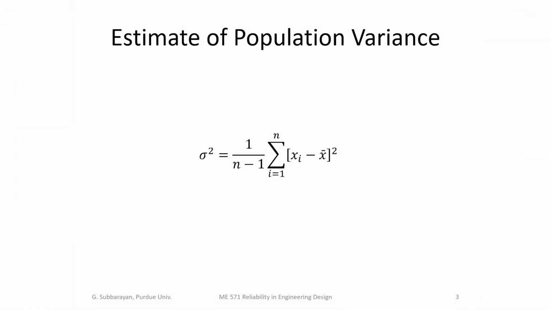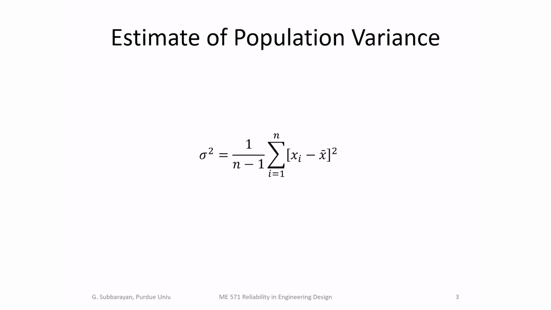The next concept is: what is the estimate of population variance? Given that we have a sample with little n observations, what we would like to do is to use this sample to estimate the variance of the population. We don't have a clear idea what the population variance is, and we actually don't know the population mean either.